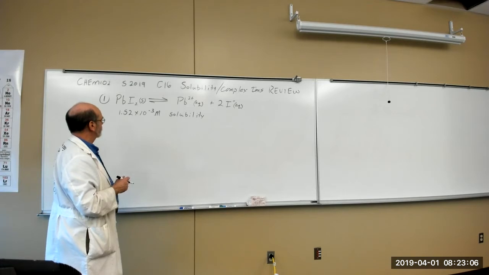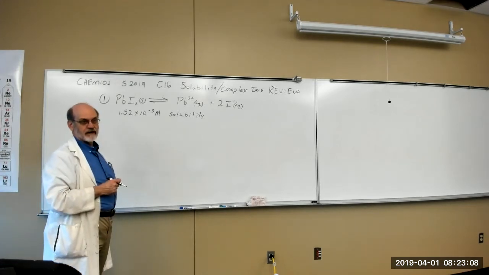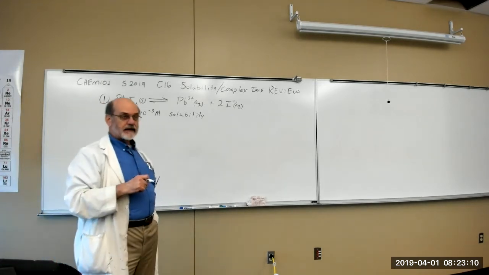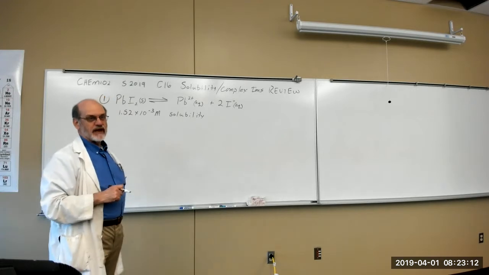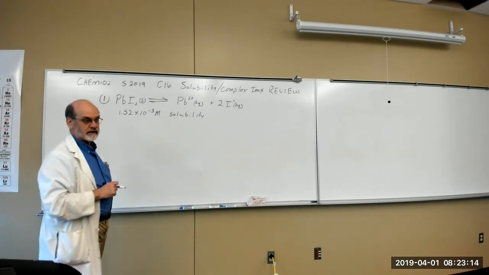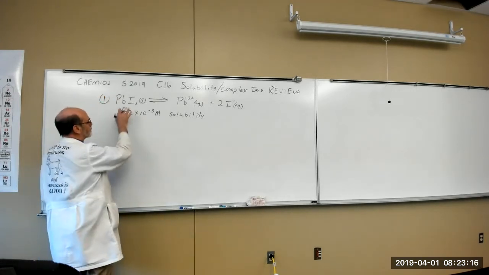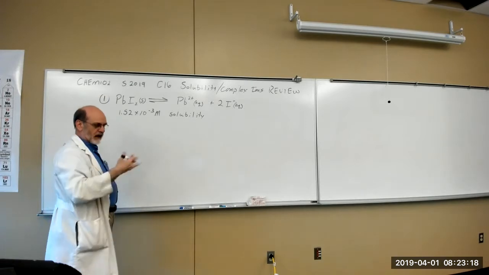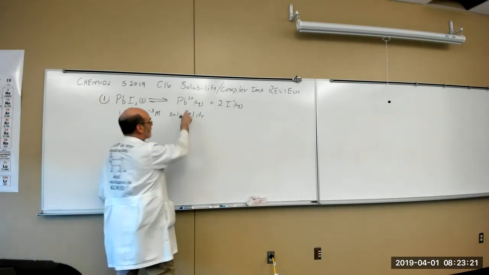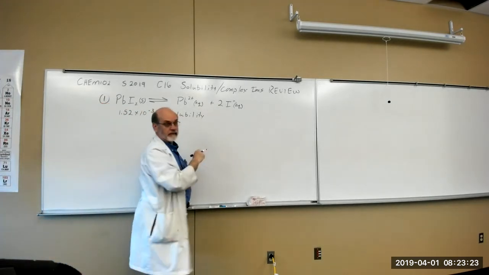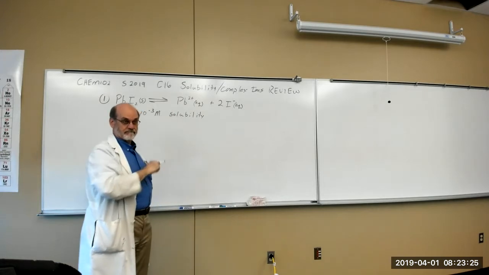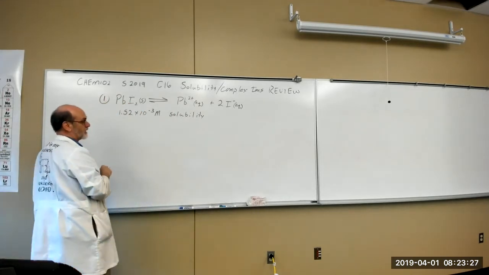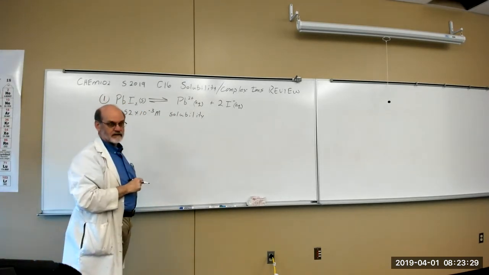Like, that was given to you. I know that. How was it calculated? How did that get derived? It can be measured. Yes, all you have to do is put this in solution, allow enough time for equilibrium, and then measure one of these. Okay, so it was measured. That's what I wanted to know, how did we get that number?